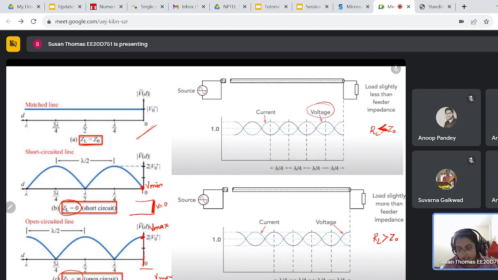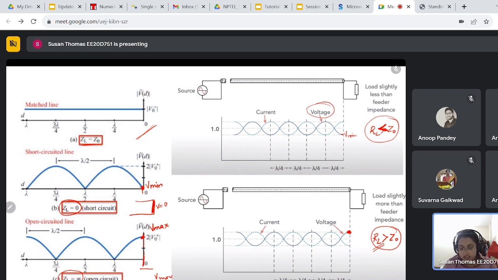At the load end, for RL less than Z0, voltage is minimum, a V min. And for RL greater than Z0, voltage is maximum. This is clearly evident because whenever RL is greater than Z0, there will be a high voltage across the load.